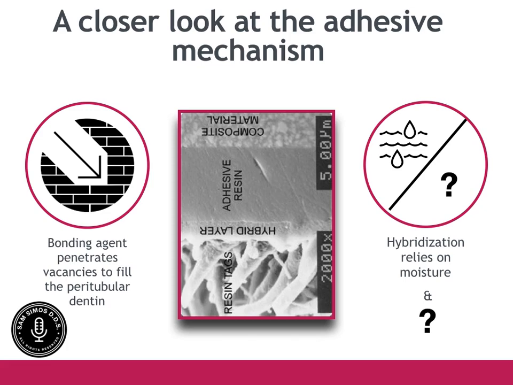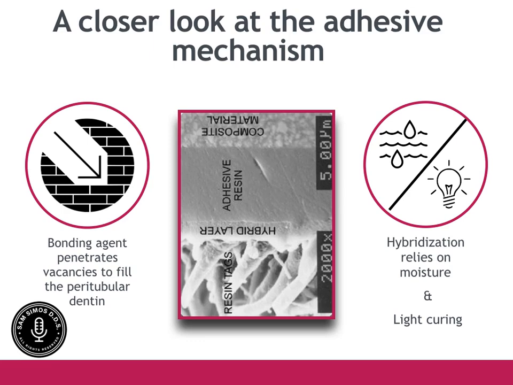So we rely on moisture within that dentin or collagen in order to get penetration. But we also rely on something else, and that something else is light, right? Because we can do everything correctly, but if we don't have the correct light conversion for this hybrid layer, then all bets are off. Everything goes down the drain.